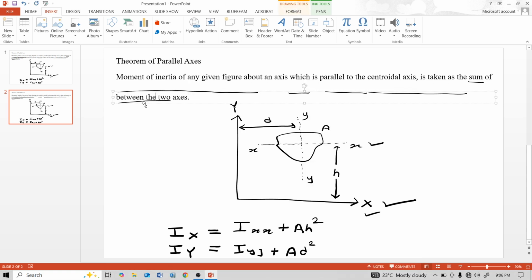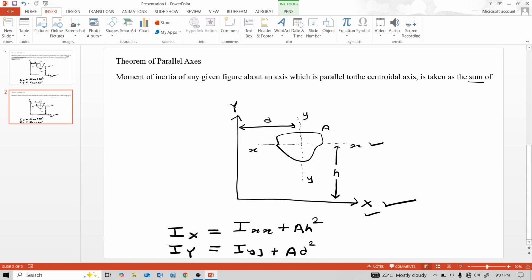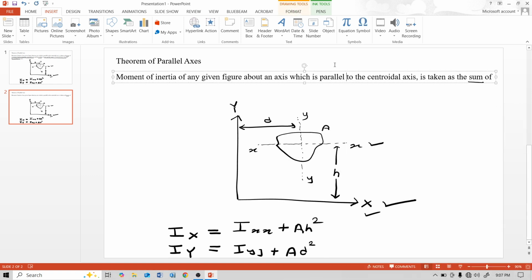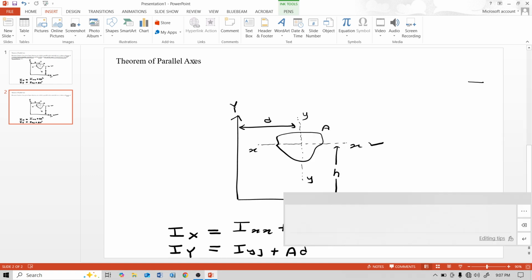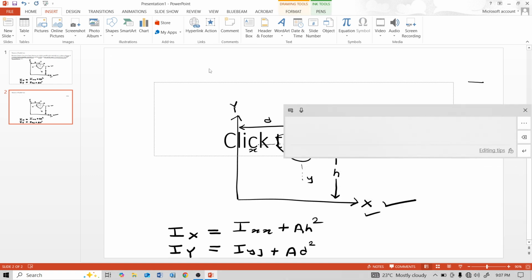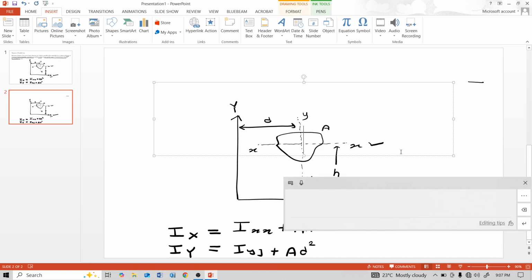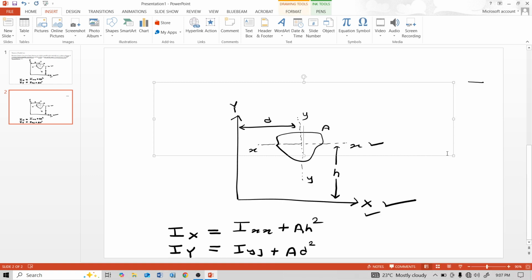Let's see how this equation comes, step by step.